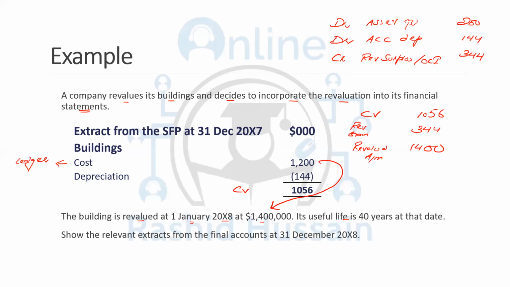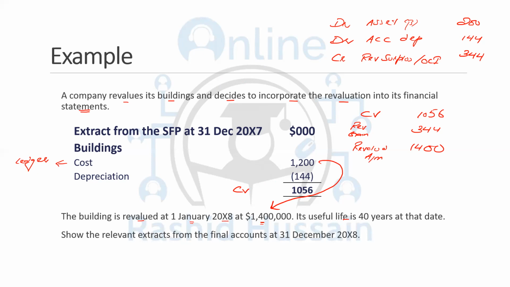You see the credit entry of the revaluation surplus is 344 and the debit entry is 144. So the difference of 344 minus 144 on the debit side is going to be 200. How can we explain this 200? In the ledger the asset is recorded at cost, which is the concept you have studied in your earlier accounting paper. So cost is 1200 and we are taking it to 1400. So the movement from 1200 to 1400 represents 200. This is how we are going to record it.